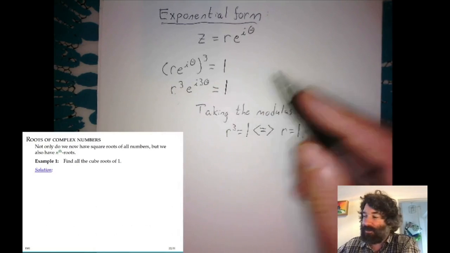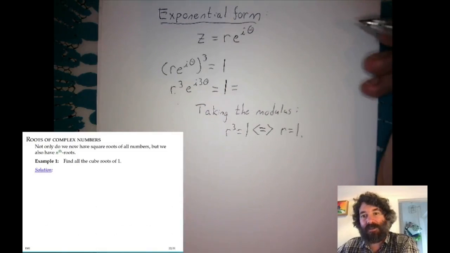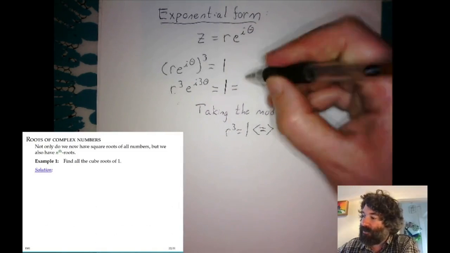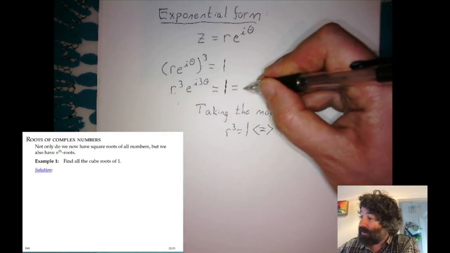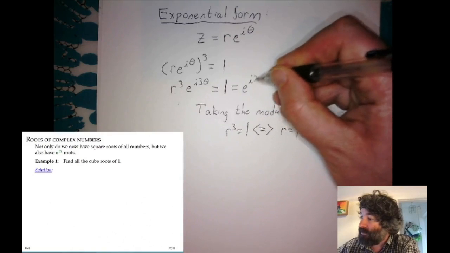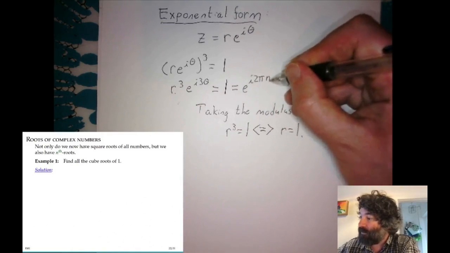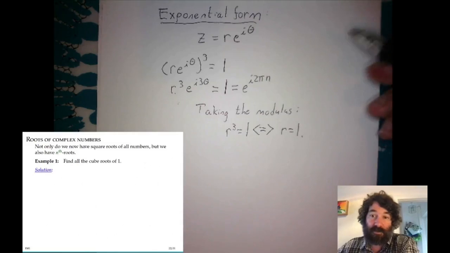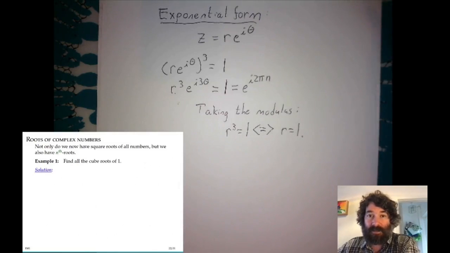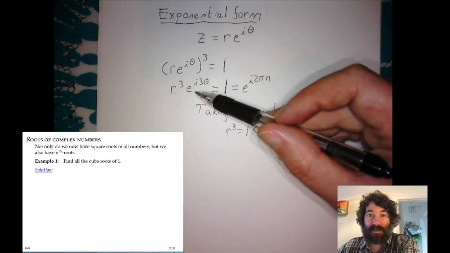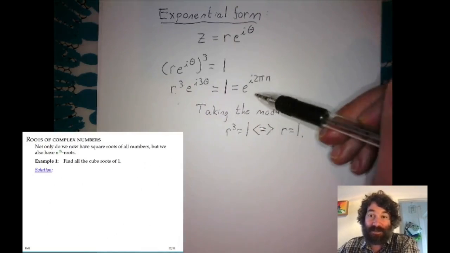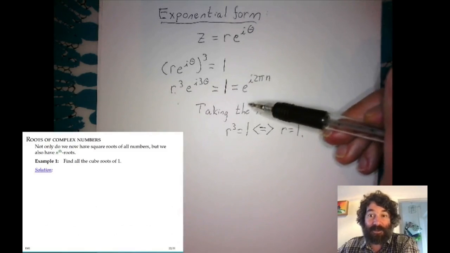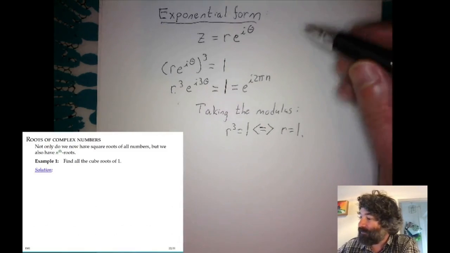However, you have to be careful here because we can write 1 using angles that are outside of the range from negative pi to pi. And so you can write 1 as e to the i 2 pi n, for any integer n. n can be 0, 1, 2, 3, or negative integers. And so that means we could have e to the i 3 theta equals e to the i 2 pi n. We can have 3 theta equals any multiple of 2 pi.